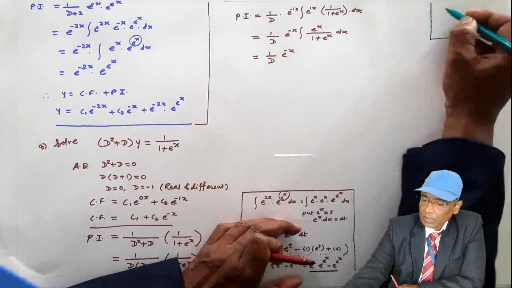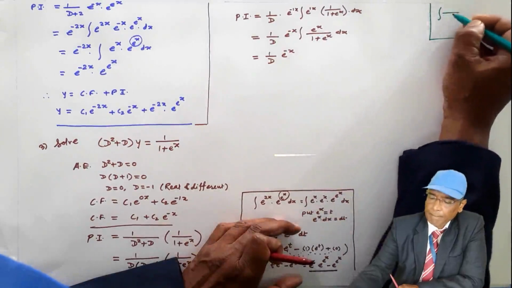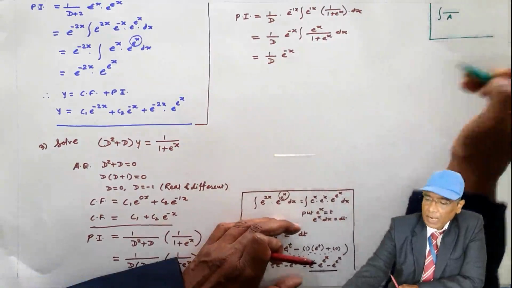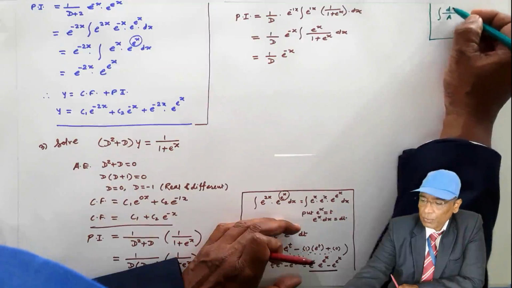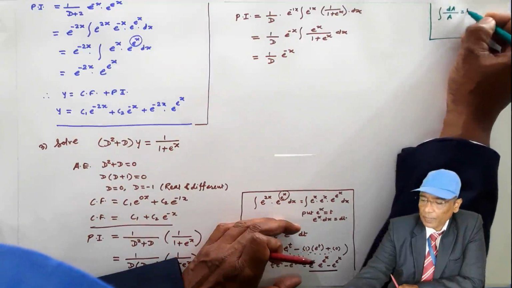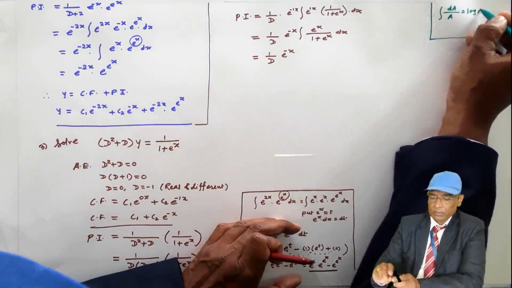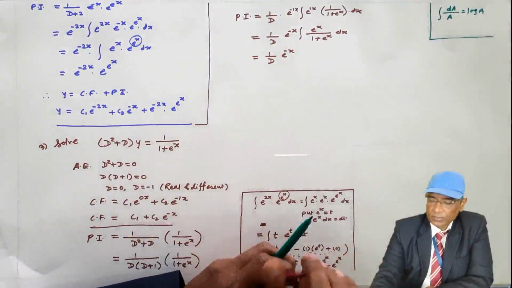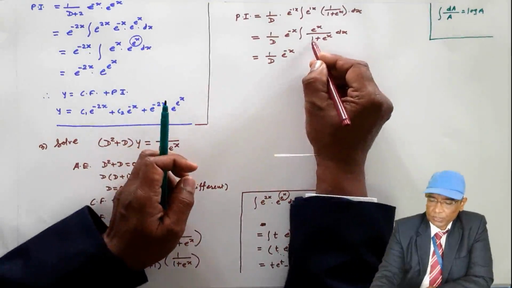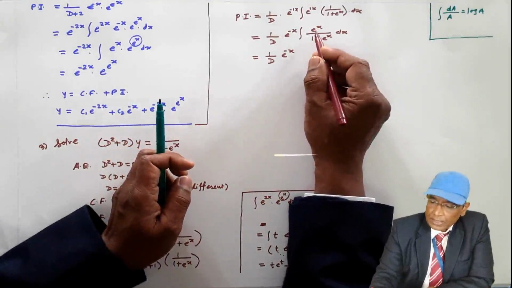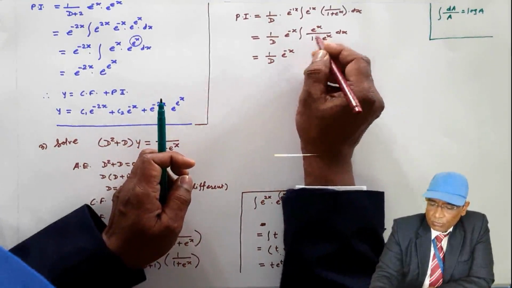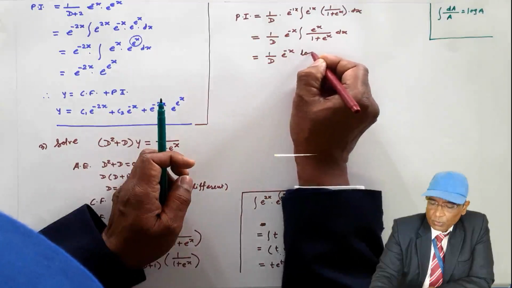Suppose in the denominator a is there, and the derivative of a is present in the numerator, the integration of the total thing is what? Log of a. Similarly, the derivative of 1 is 0, the derivative of e to the power x is e to the power x, meaning the derivative of the denominator is being repeated in the numerator. The integration of the total thing is log of 1 plus e to the power x.